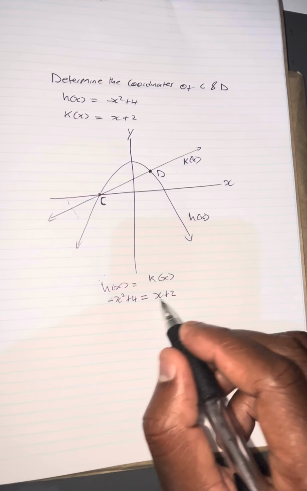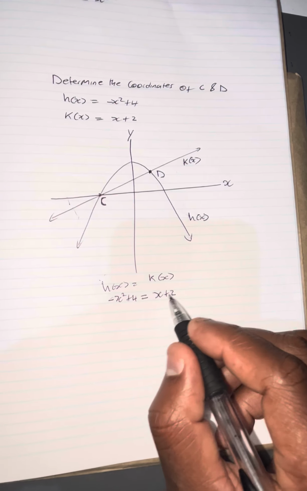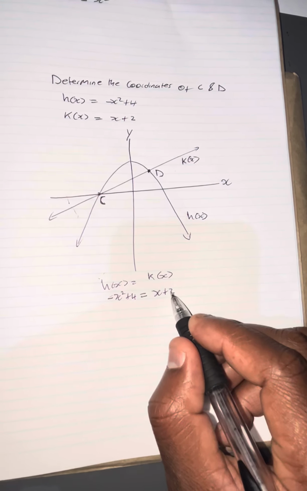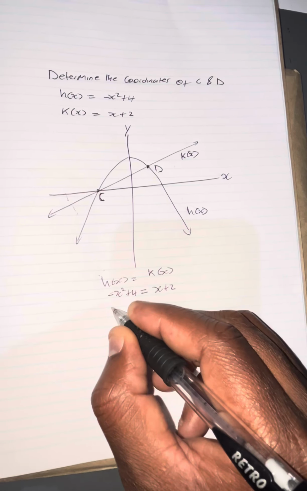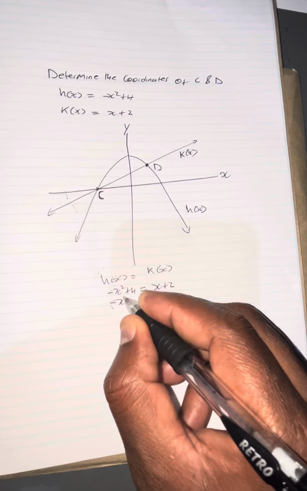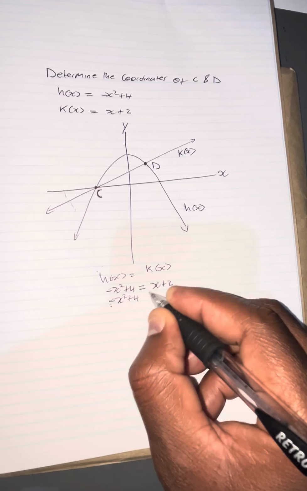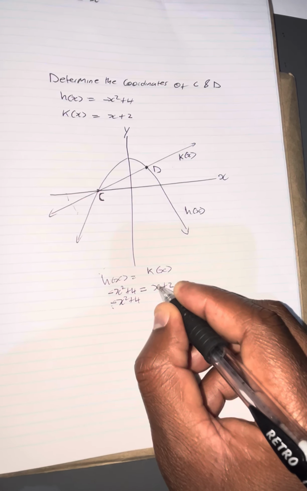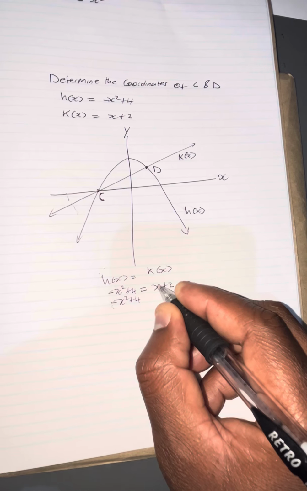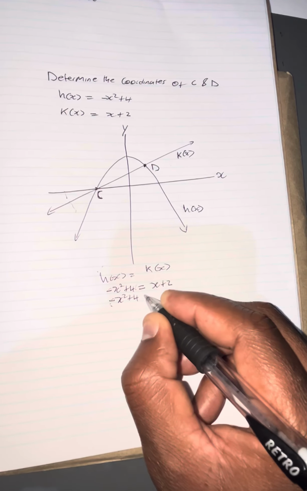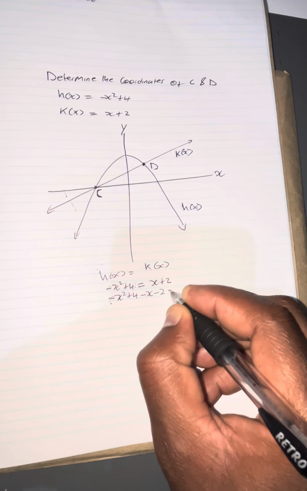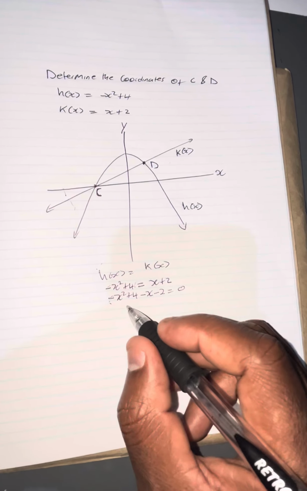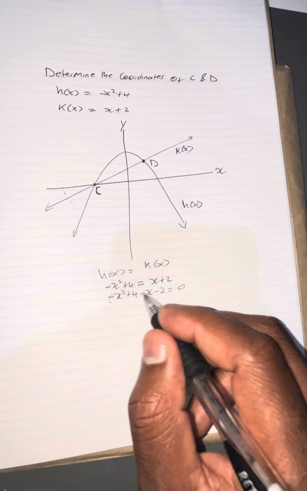So I will take these two terms, or these two values, to the other side. So this will be negative x squared plus 4. X is positive, so whenever it moves to the other side, it will be negative x, negative 2, which is equal to 0. So now you look at the like terms.